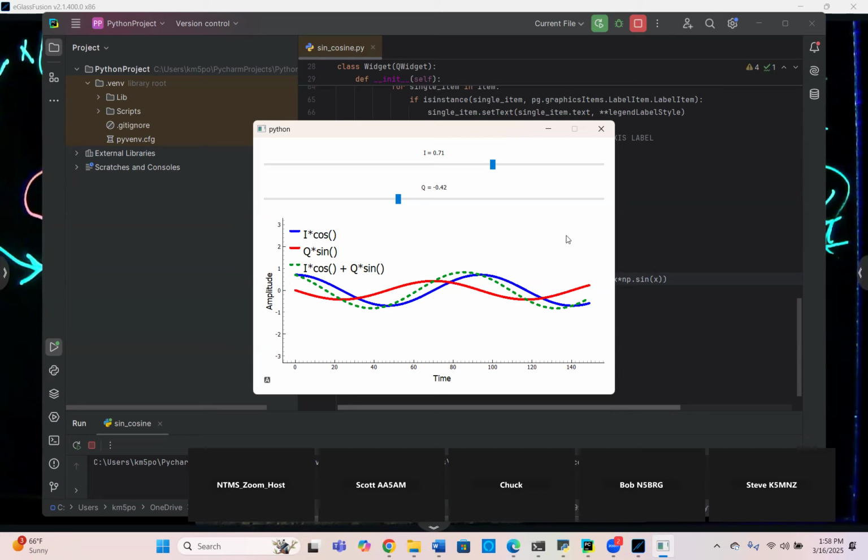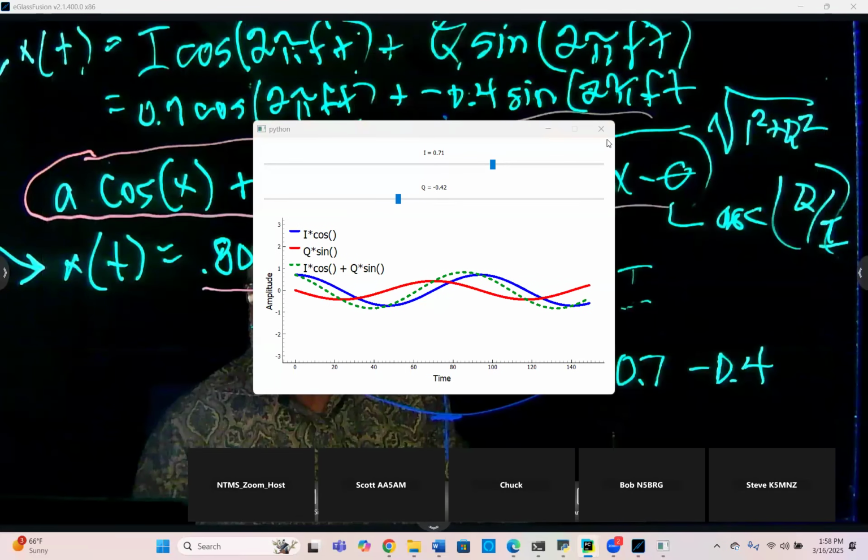So what I would argue is at one moment in time on that complex plane, as that signal's rotating, we reach these values right here. This will be the resultant wave, the green dotted signal. That's proven in the math.